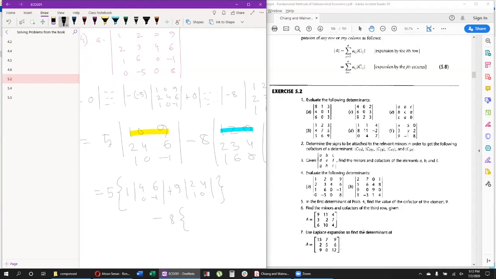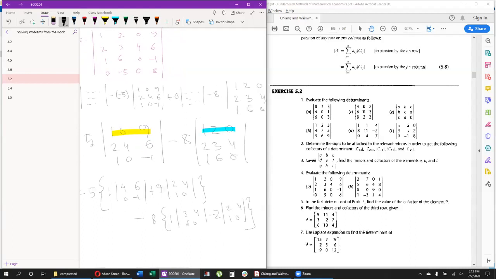Remember, you guys are free to pick whatever row or column that you want to. So 3, 4, 6, 0, minus 2, 2, 4, 1, 0. Let's close the bracket.